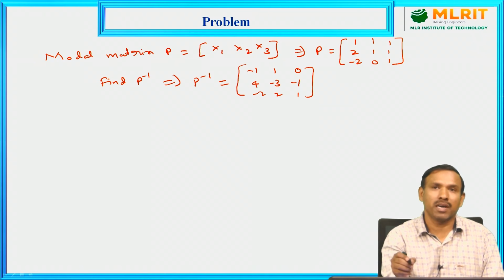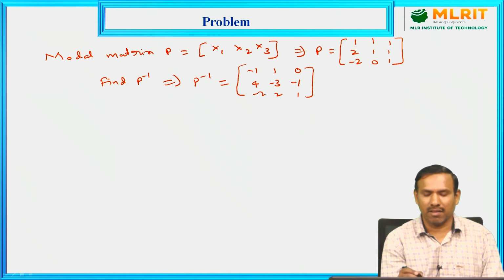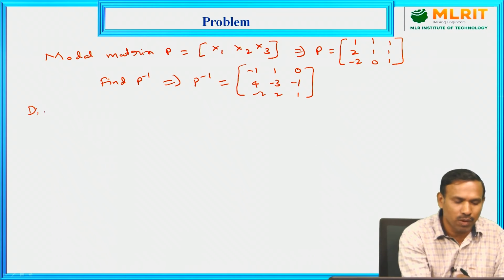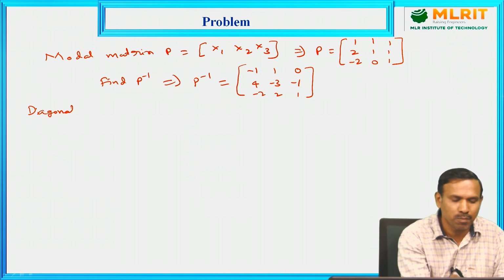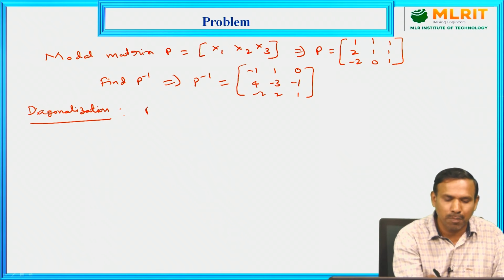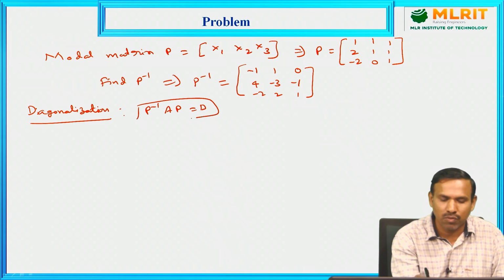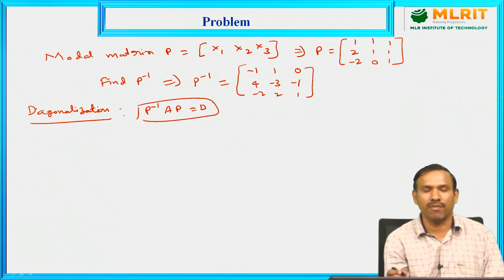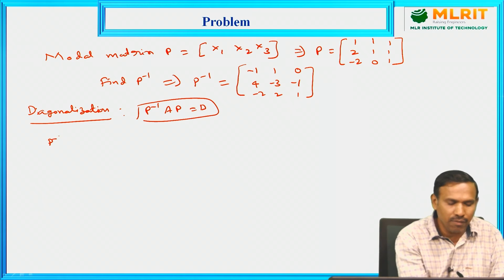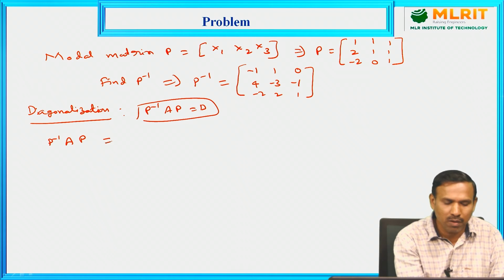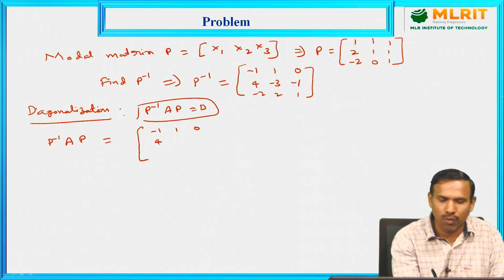This is the important one, because the total diagonalization happens with the help of the model matrix. Now diagonalization. What is the diagonalization formula which we have discussed earlier? That is P inverse AP is equal to D. Since we have P inverse AP, we can find D. P inverse we have written as minus 1, 1, 0, 4, minus 3, minus 1, minus 2, 2, 1.